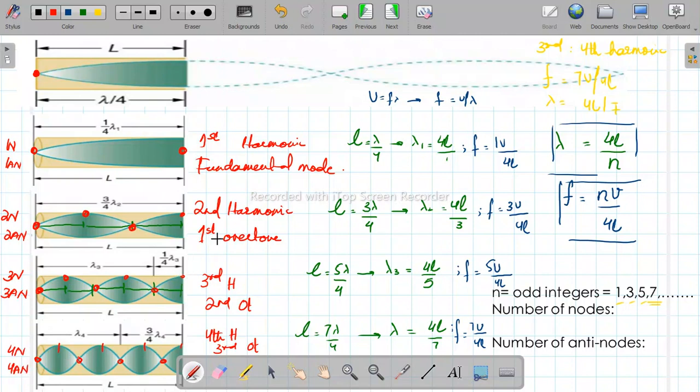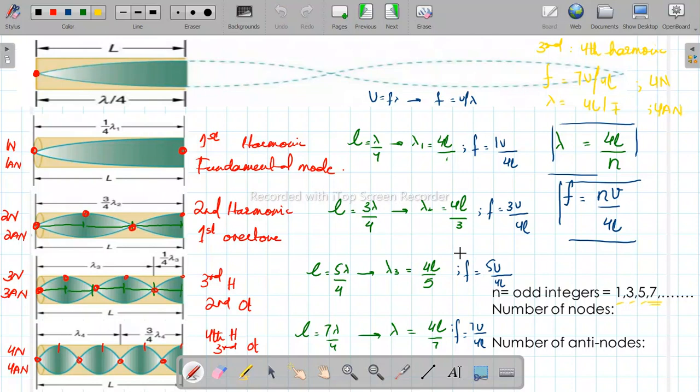So we can generalize जिस भी harmonic की हम बात करें when the medium is bound at one end and the open at the other, तो उतने ही nodes और उतने ही anti nodes बनेंगे. In other words, जब ये मुझसे पूछते हैं fourth harmonic के लिए, तो मैं कहूंगी fourth harmonic के केस में 4 nodes होंगे and 4 ही anti nodes होंगे, right?